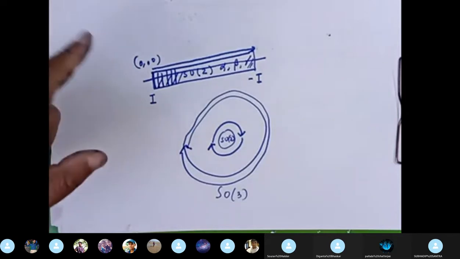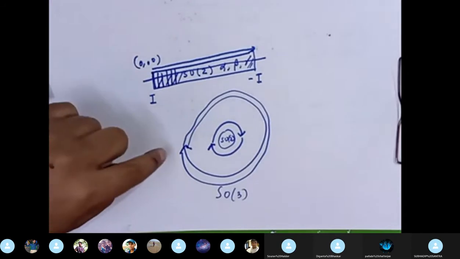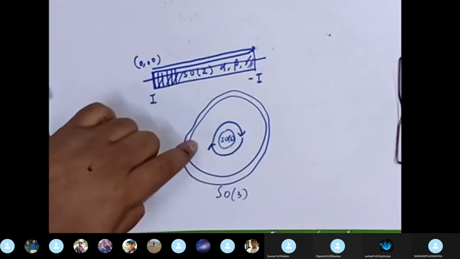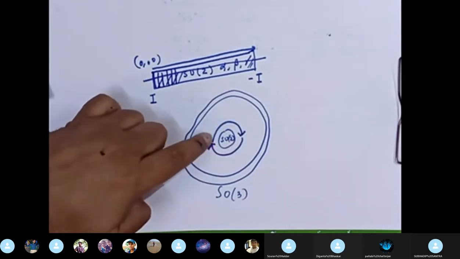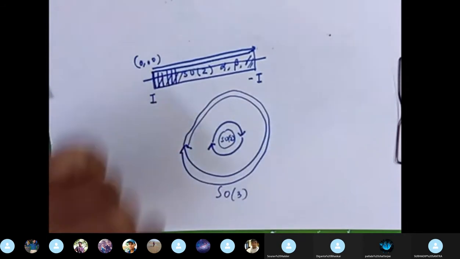Therefore, those parameters have completed their full period: 2 alpha moved from 0 to 2 pi, 2 beta from 0 to 2 pi. Now again you move alpha, beta, gamma from pi to 2 pi, so that the periodicity in SU2 is completed. Then SO3 will be generated once more.